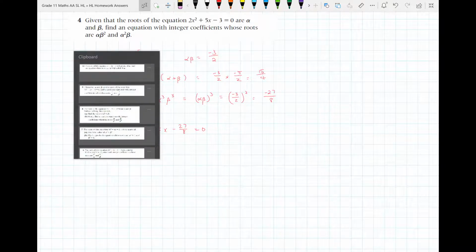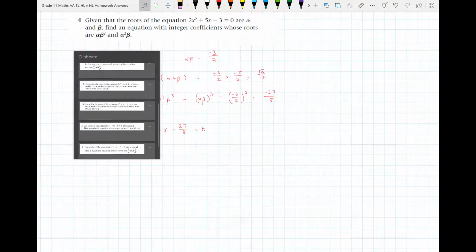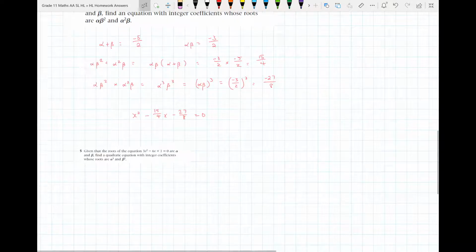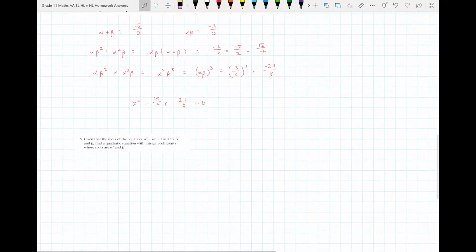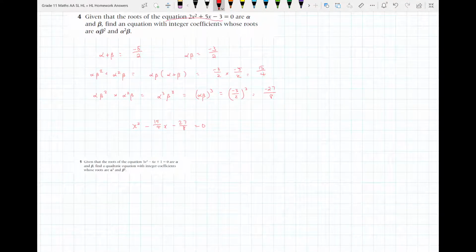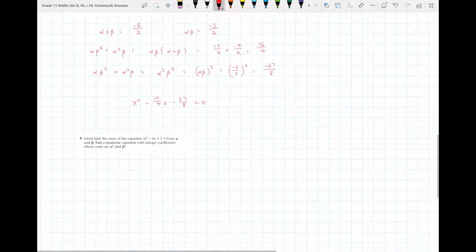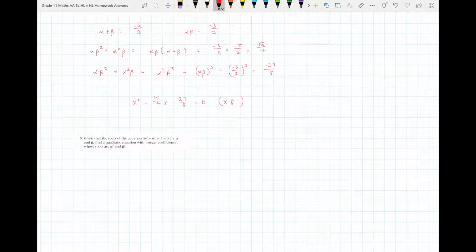Again, you can multiply everything by 8 and make them all integer coefficients. Does it integer here? Oh, it does. So for this question, because it's a integer coefficients, we do have to multiply by the 8. There you go.